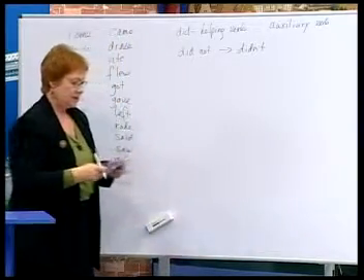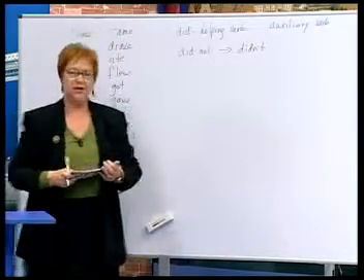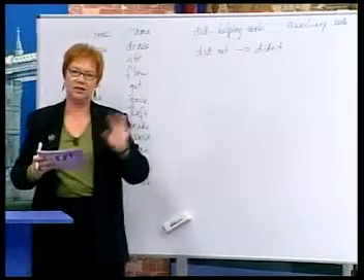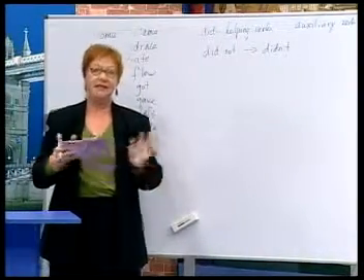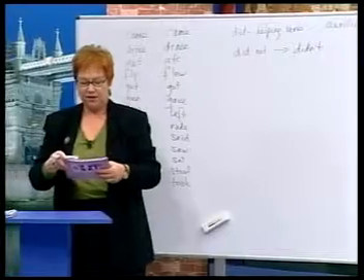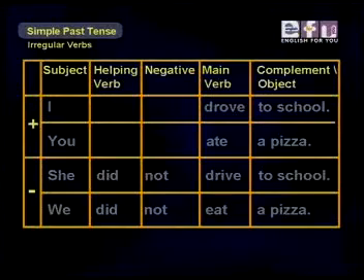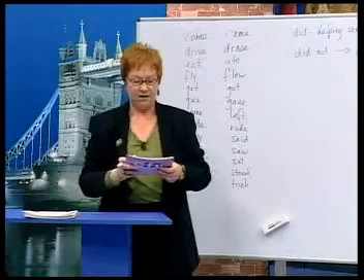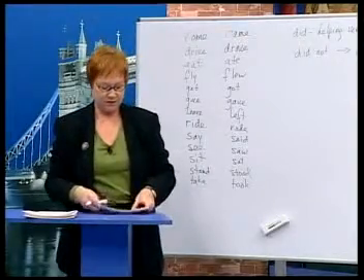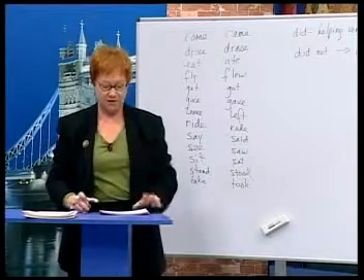And now, here's another chart, and you can see the difference. If you look at the chart, you can see the difference in the sentences. So if you look at the chart, you see subject, helping verb, negative, main verb, and the complement or the object. Now, if you look at the chart, the first two are positive.